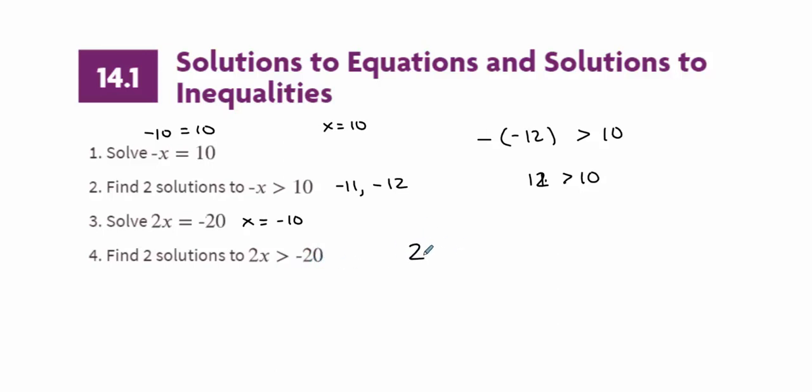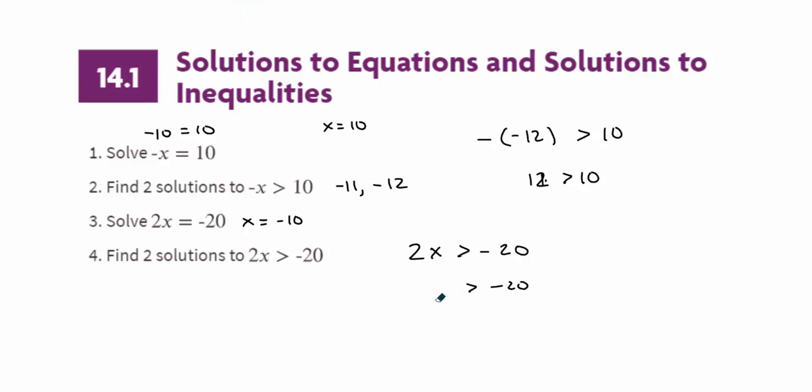This looks really similar, except this is an inequality symbol. This is a greater than, and this one's an equal to. If I put a negative 10 in here for x, that would be negative 20 is greater than negative 20. That's not true.